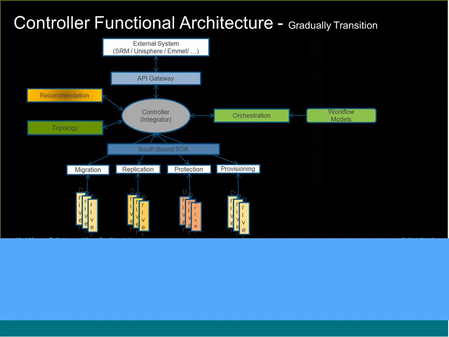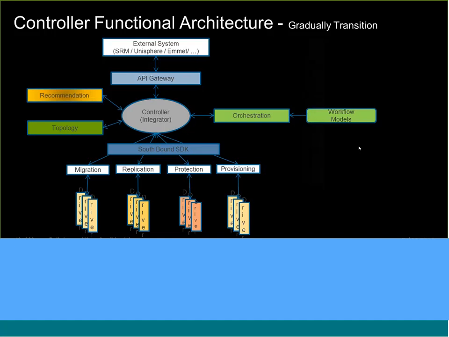The components we found: one of them was recommendation, which is equivalent to whatever we are doing at placement and matching. Orchestration is again our coarse-grained models, workflows within the controller, and the controller also has topology and other components which I have not worked on.